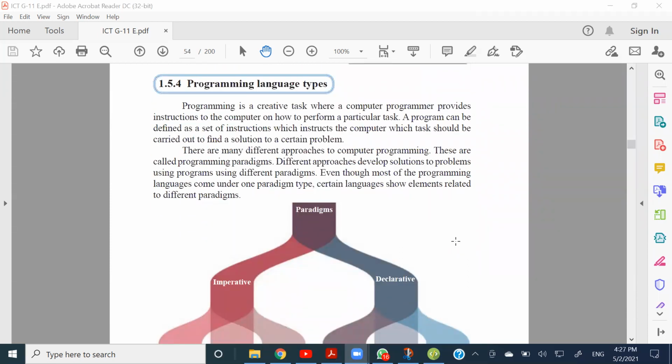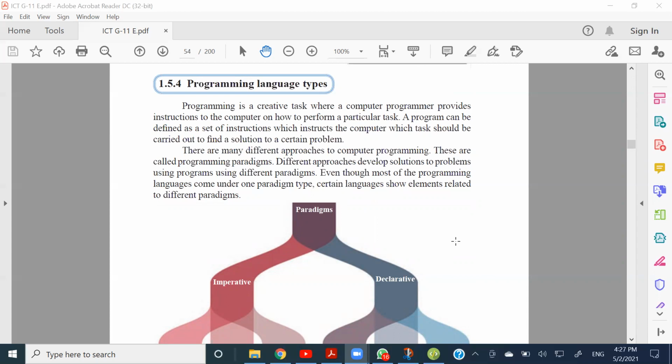And regarding the programming language types, here they are talking about the paradigms, right? We use the word paradigms as it is, though some people use a Sinhala word, parody. So this is just introducing or illustrating the way that things are going to happen, right?